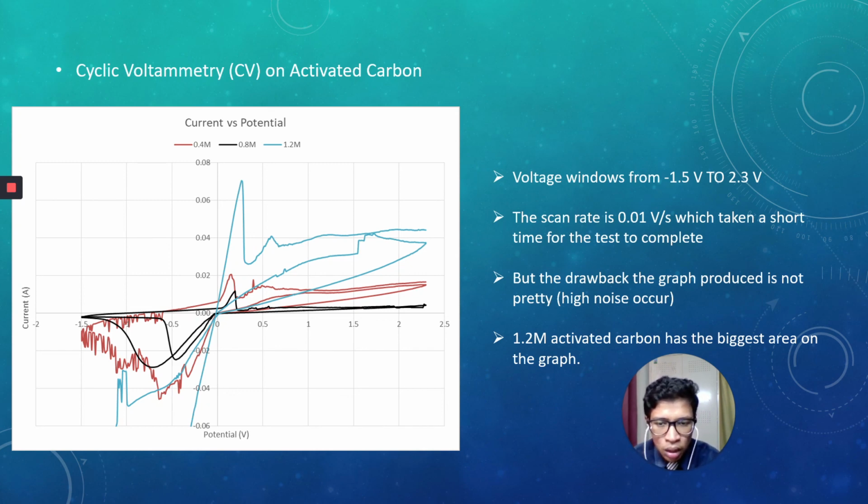Based on the graph, the 1.2 molarity activated carbon has the biggest area on the graph, as you can see, it's quite bigger than the others.